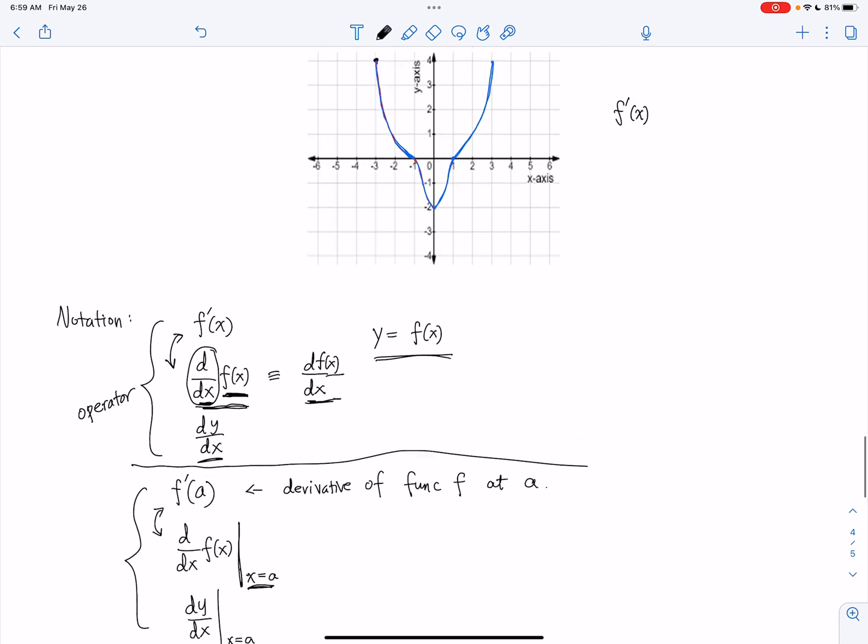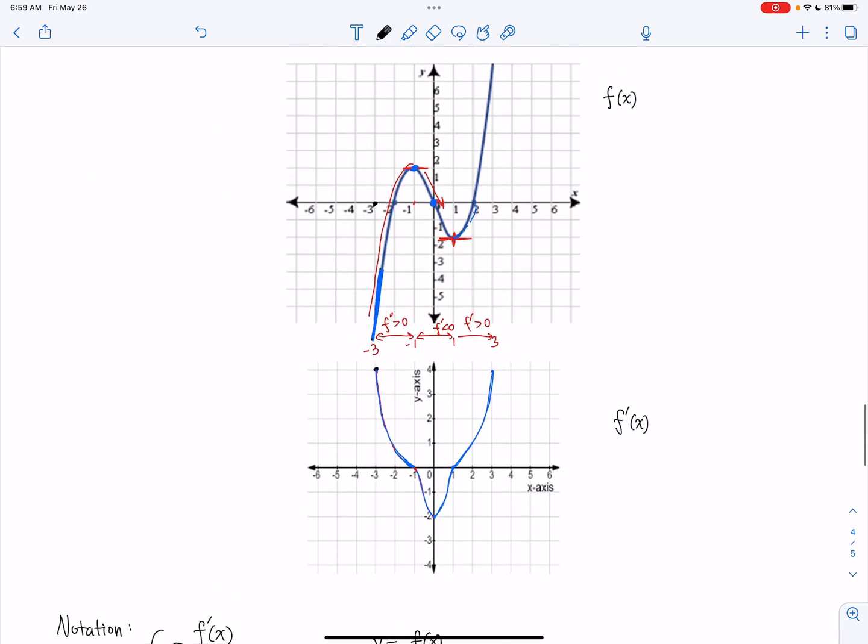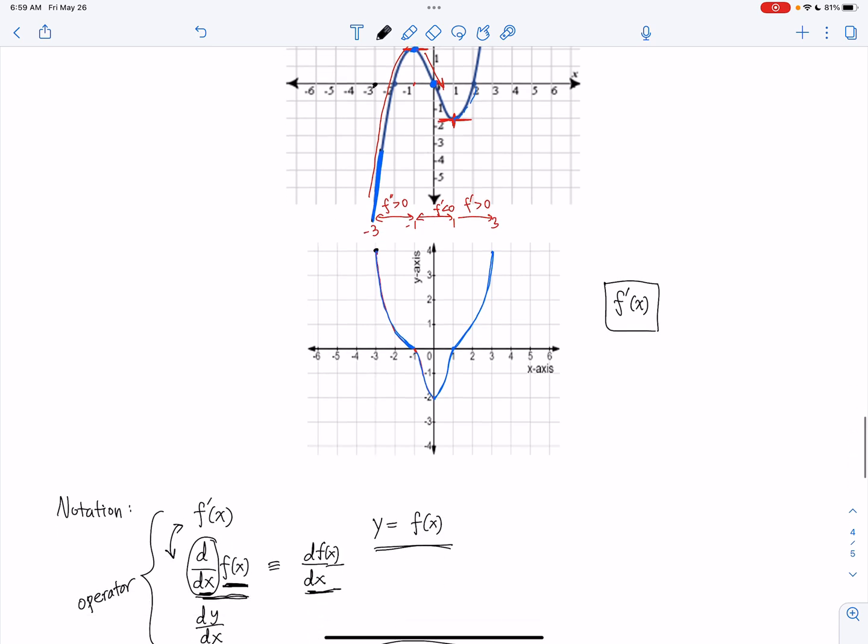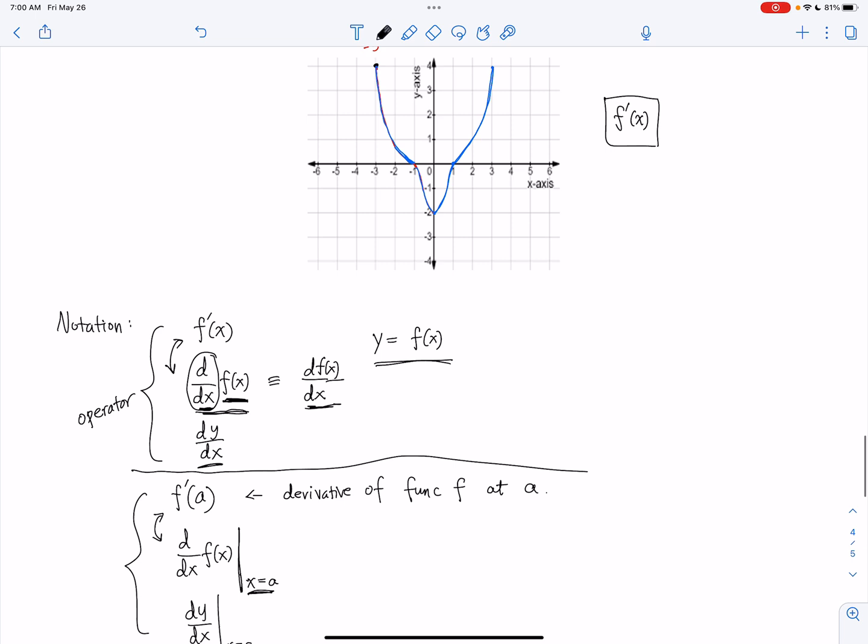Now, if you look at these two plots, the top one is f(x). The bottom one is called the derivative, f prime x. Now, f prime x is actually a function, so it has values that can change. You can draw the slope, and you can still do a derivative for this f prime x.